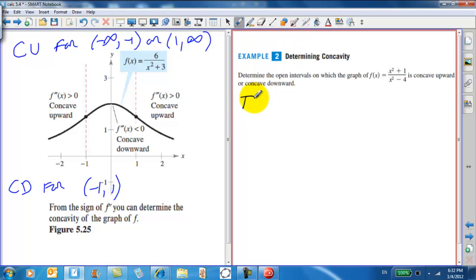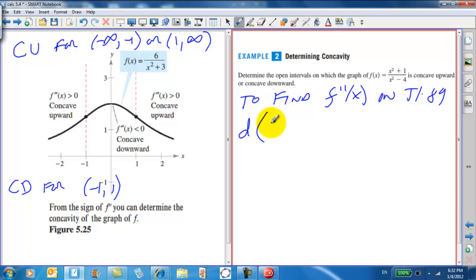Okay, to find the second derivative on your TI-89, here's the command: the little d symbol, which is above the 8, left parenthesis, now put in the function, so left parenthesis x raised to the 2 plus 1, right parenthesis, divided by left parenthesis x raised to the 2 minus 4, right parenthesis, comma, x, you're taking the derivative with respect to x, comma 2.